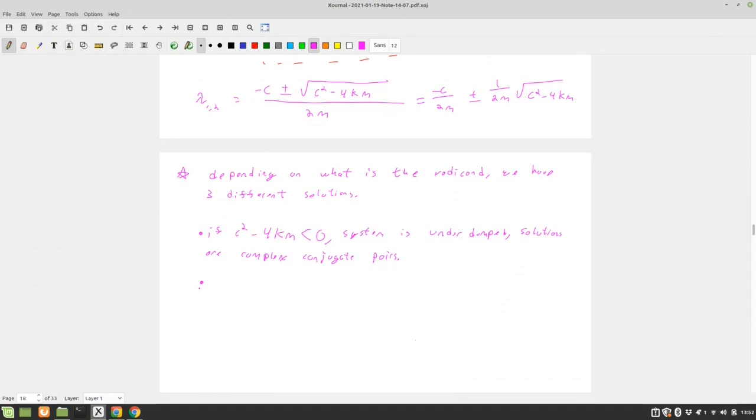Okay, so our next case we want to think about is our transition case. If c squared minus 4km is equal to 0, what do you think the system is?